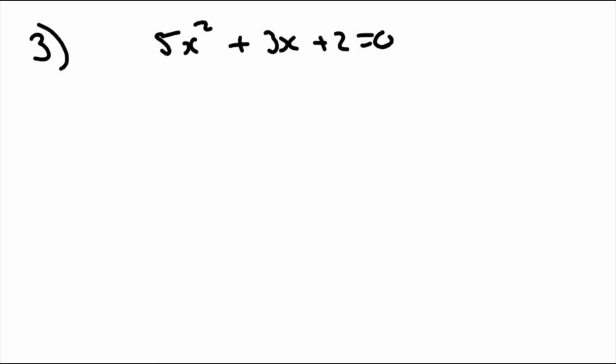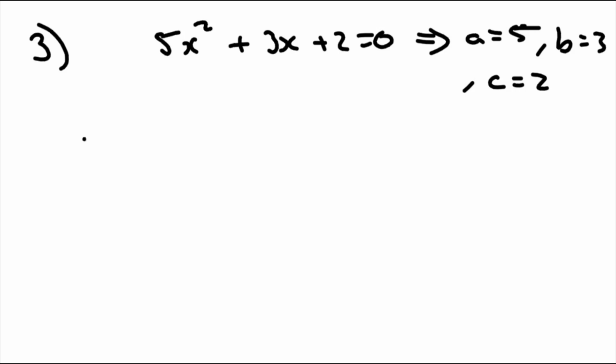Let's look at a third example that we're going to have. 5x squared plus 3x plus 2 equals 0. This is going to give us a equaling 5, b equals 3, and c equals 2. Now if we use the discriminant, we're going to get b squared, so 3 squared, minus 4 lots of our a, which is 5, multiplied by our c, which is 2.